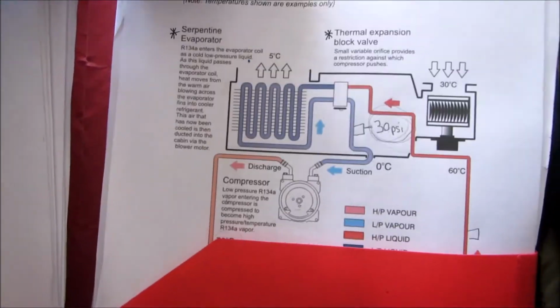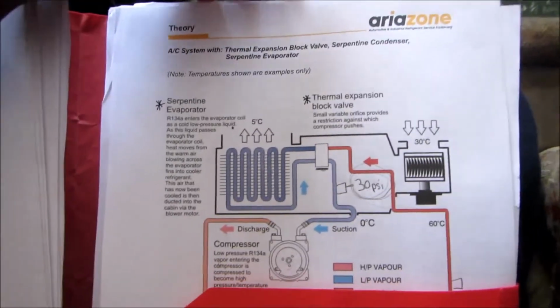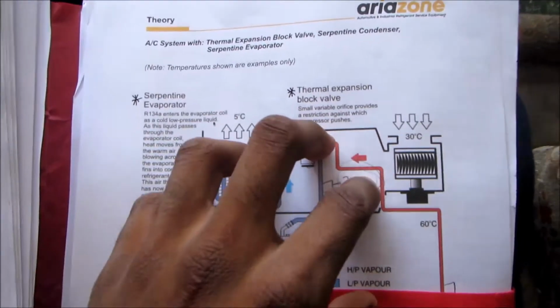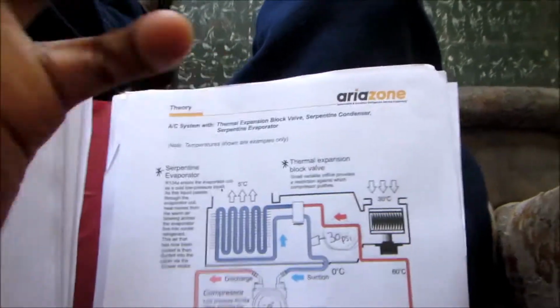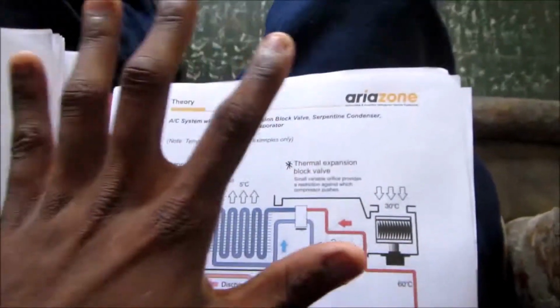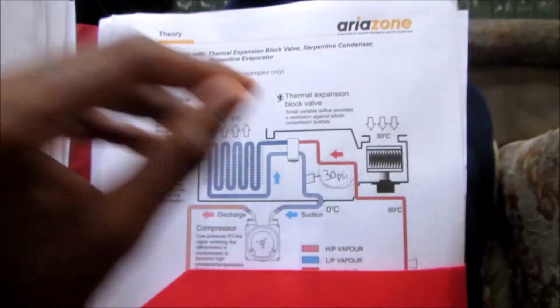AC stands for air conditioning. Duh. What is air conditioning? Air conditioning doesn't necessarily mean it's going to be cold. Air conditioning is conditioning of the air to make it suitable in any driving situation, any conditions outside.